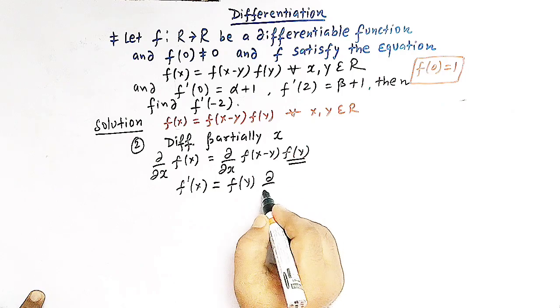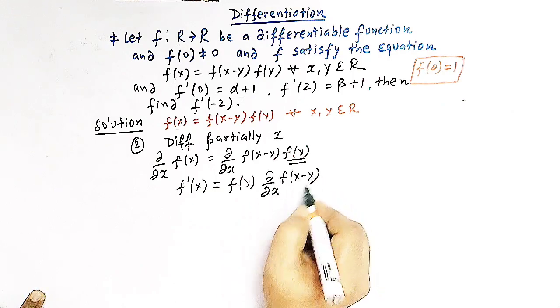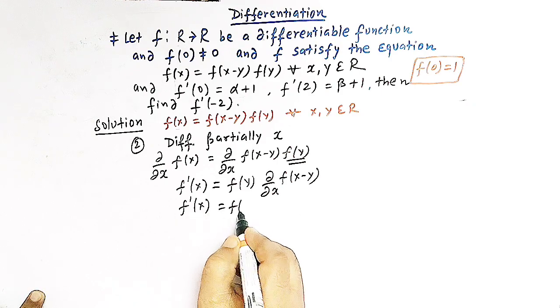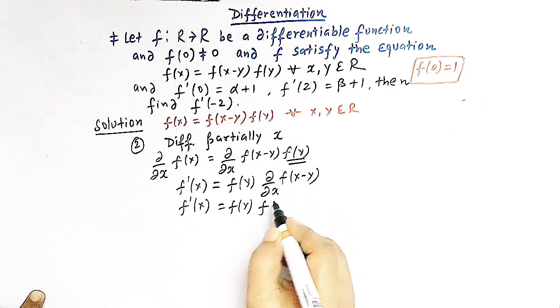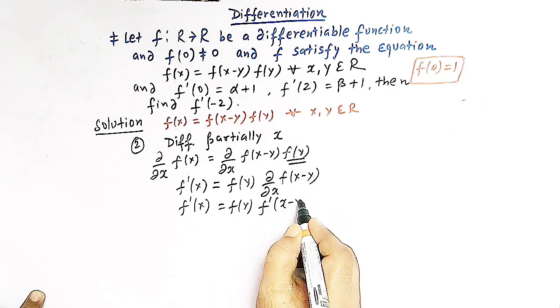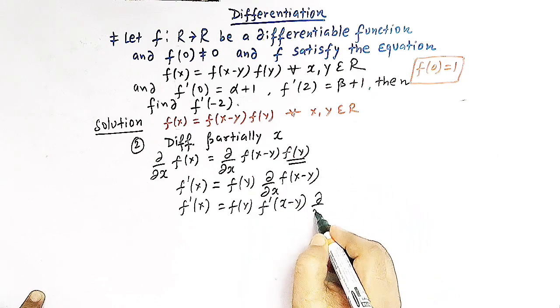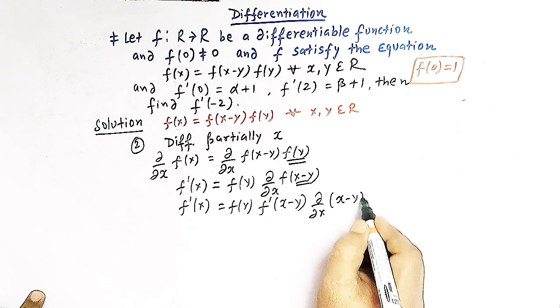So we have del by del x of f of x minus y. So we have f prime of x, here we have f of y, and now first we differentiate f, so we have f prime of x minus y, and then by the chain rule we'll differentiate this factor, that is x minus y.